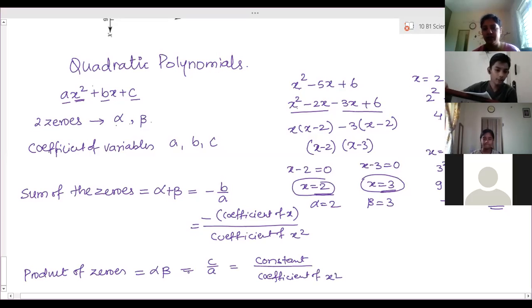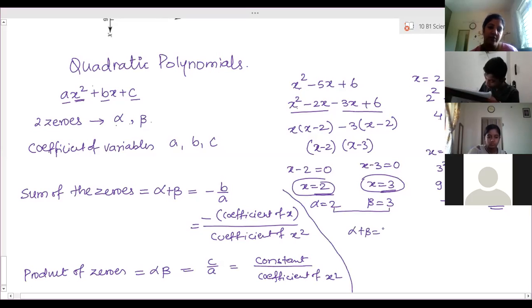It's clear, the relation? Now you can check, we already have an equation and we have the zeros from this equation. On this side it is the sum of the zeros, that is alpha plus beta. What is the value of alpha plus beta? 2 plus 3, that is 5. And what is the value of minus b by a? Here, this is your polynomial.